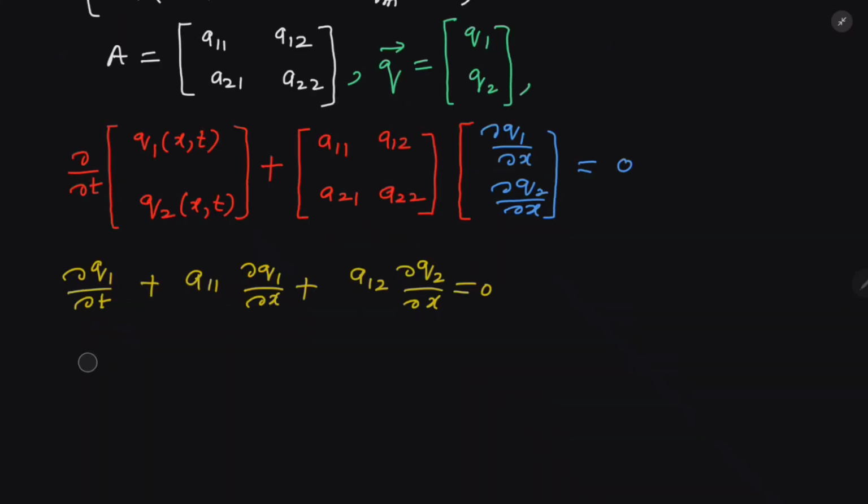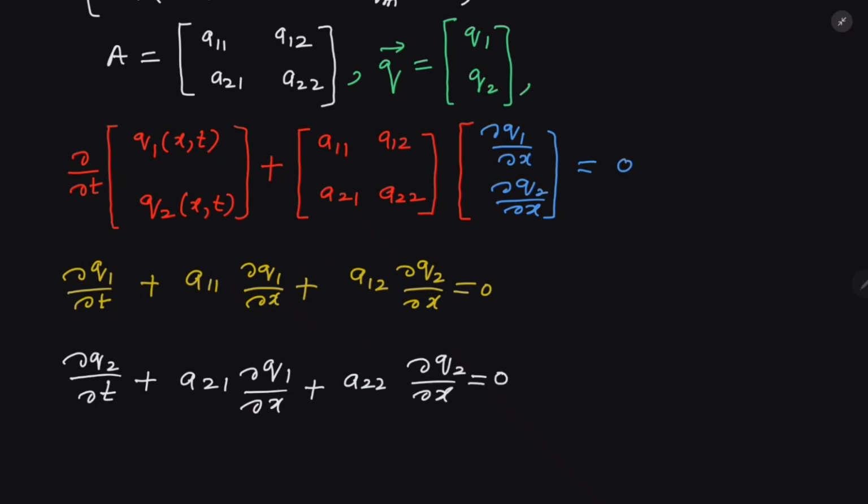Partial Q2 by partial t plus A21 partial Q1 by partial x plus A22 partial Q2 by partial x is equal to 0.